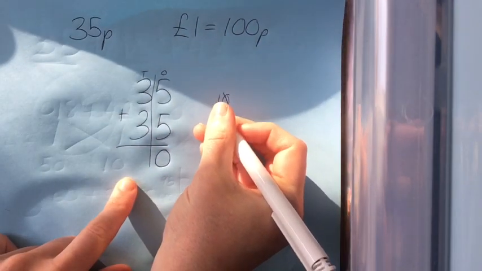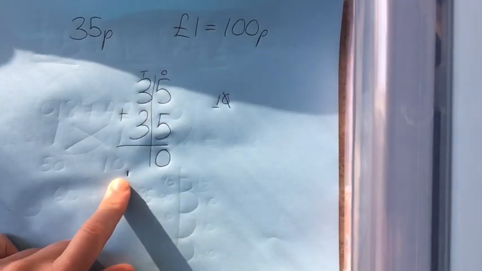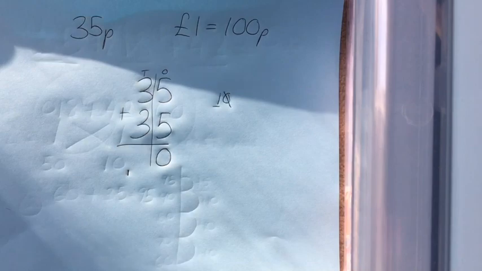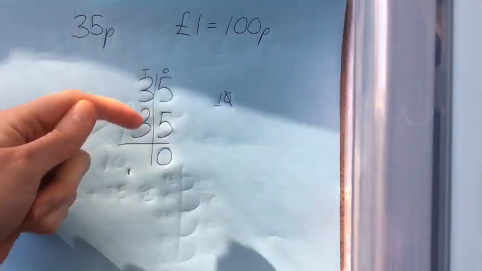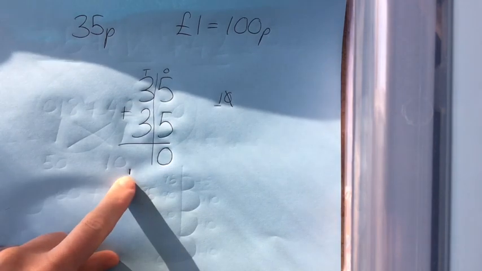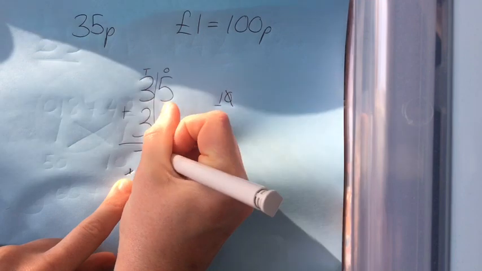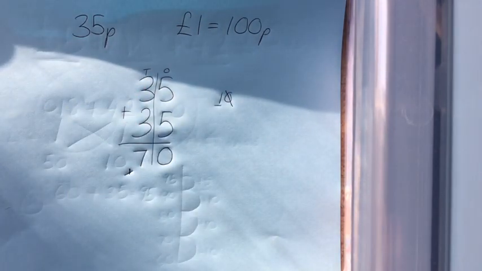And I'm going to put my 1 to show my 10 at the bottom. And I always do this at the bottom because otherwise sometimes it can get really complicated at the top. I have 3 10s, add 3 10s, which is the same as 30, add 30, which is 60. Not forgetting this 10 at the bottom, I'm going to cross it through to show I've used it, and that is 70. So 35 add 35 is 70.